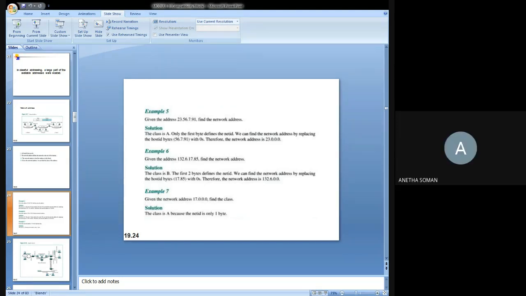Nachiket, Neeraj, Rangeet, present, Miss. Vaishna, present, Miss. Vaishnav, Anjali, Shruti. Present, Miss. Okay.